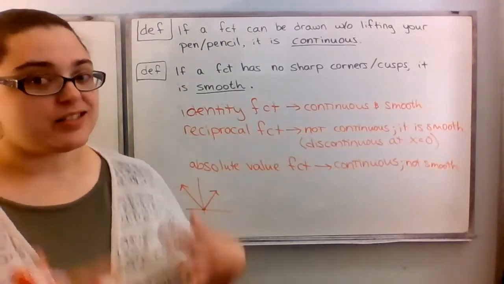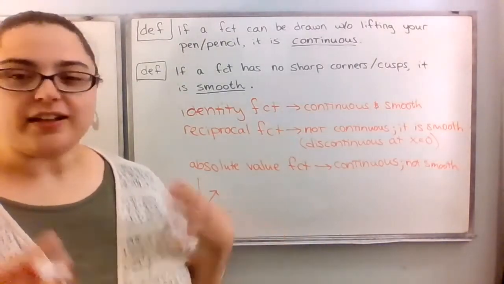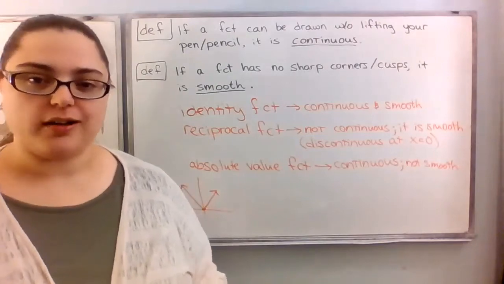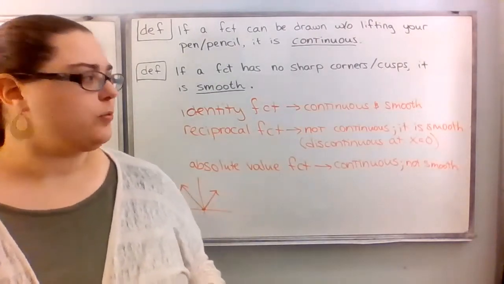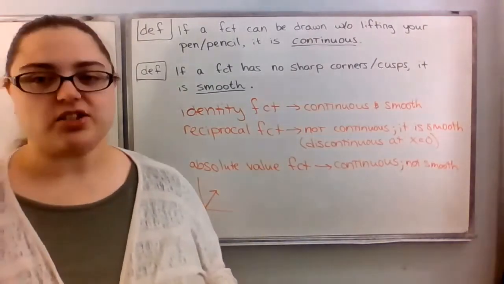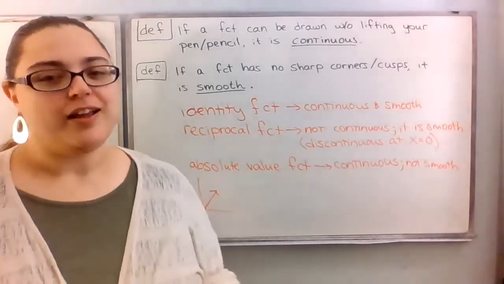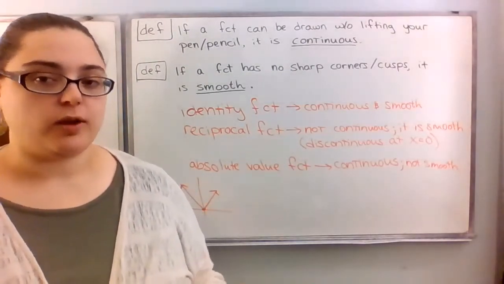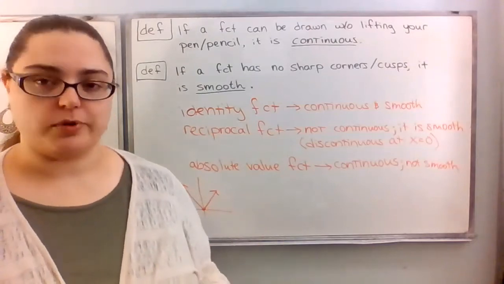So these are some of our common functions that we talked about earlier. What I'd like you to think about is, I think there were 11. So that means there are 8 other functions we haven't talked about yet. So think about those 8 other functions and whether they would be continuous or smooth.